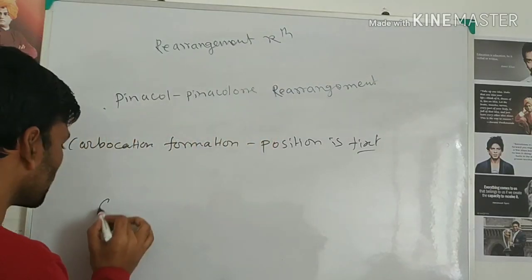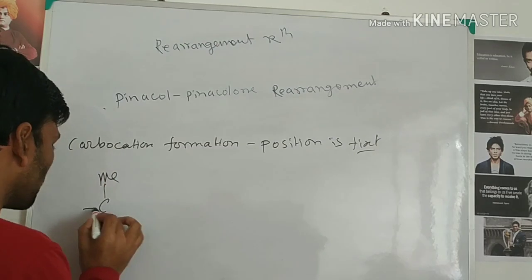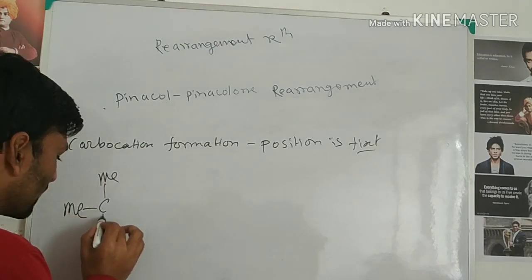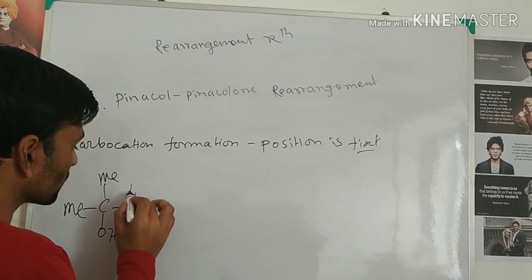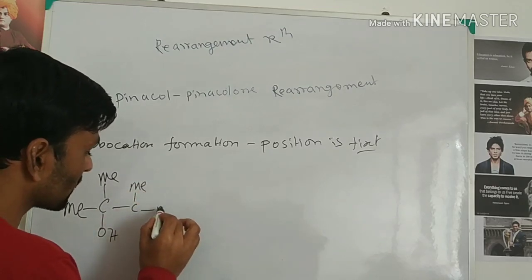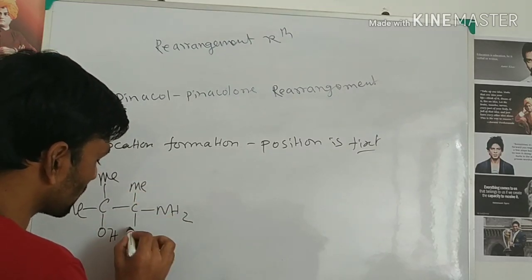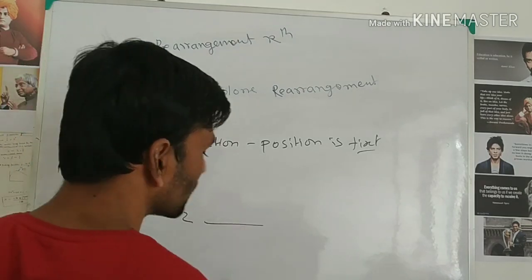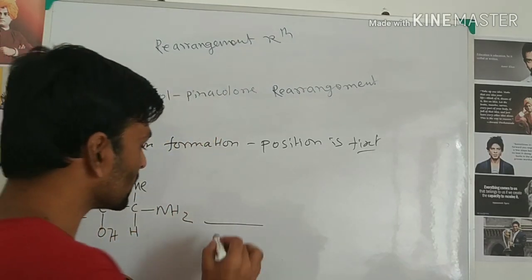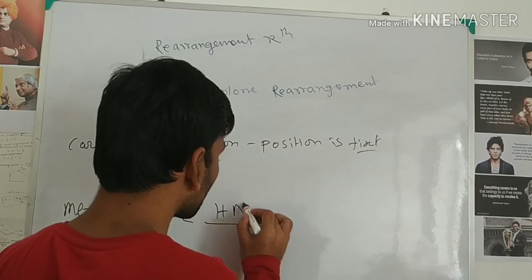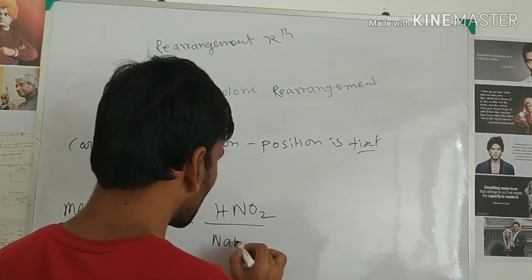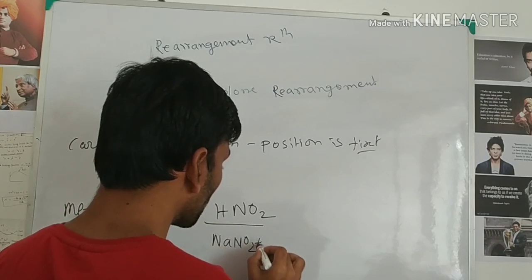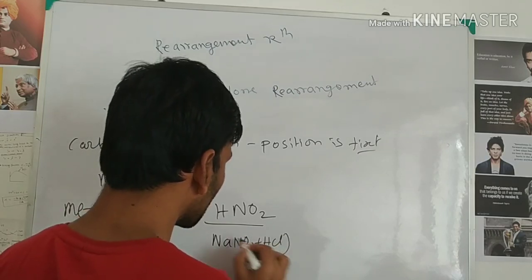Now the example is methyl, OH, C, methyl, NH2. This compound is treated with NaNO2 plus HCl.